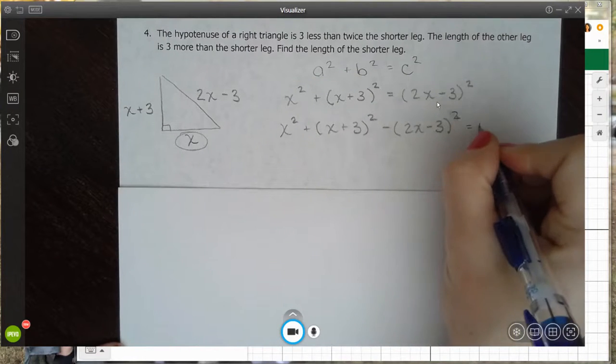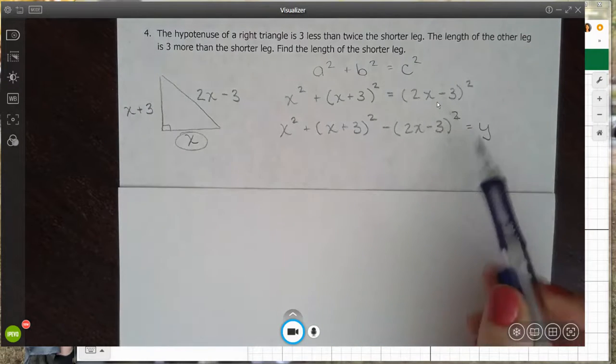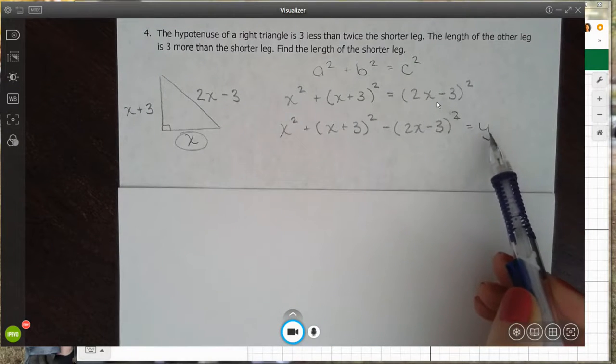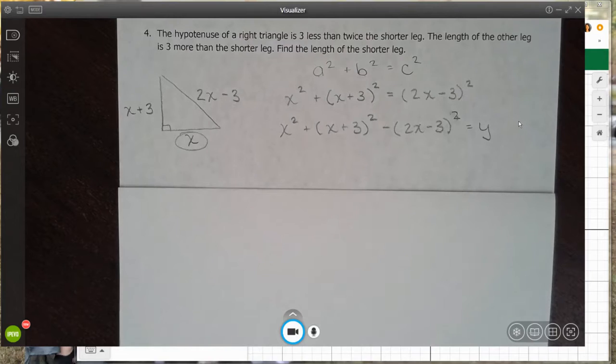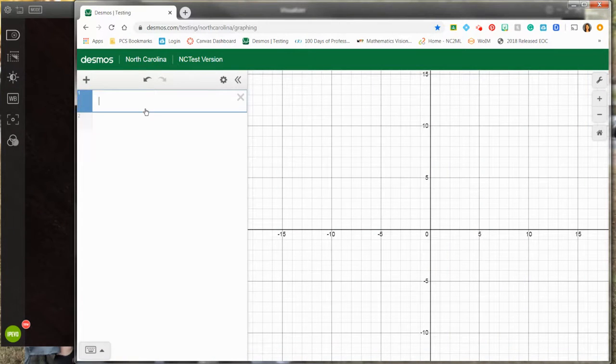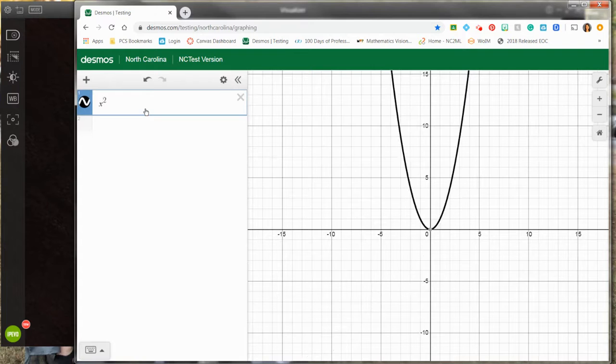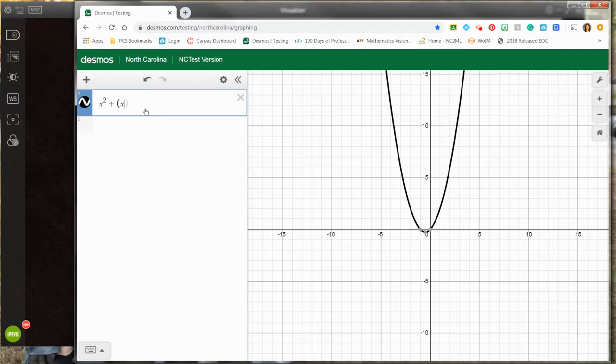But as long as you always have it equal to y, you're looking for your x-intercepts. So that's exactly what I'm going to type in here. X squared plus the quantity x plus 3 squared. Oops, not x minus 3. Oh, Lord.